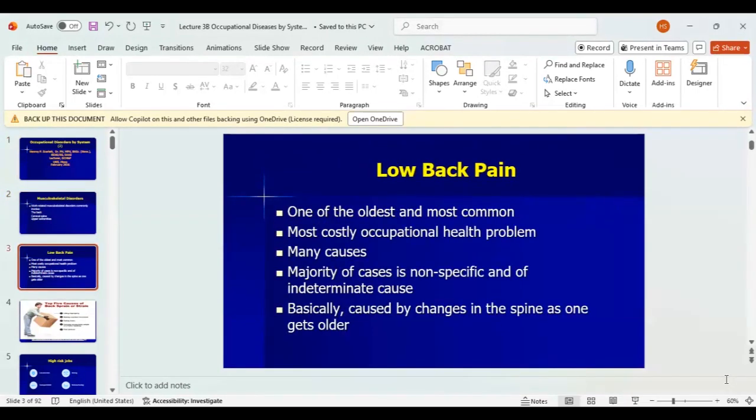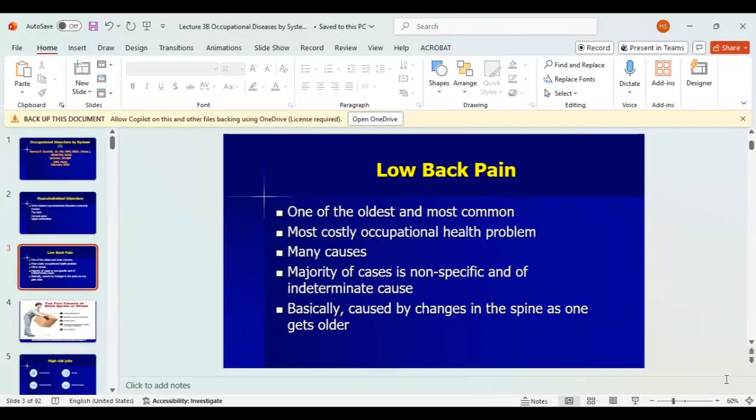Now, low back pain is one of the oldest and probably most common musculoskeletal disorders, and it's very costly. There are many causes. It tends to be chronic, right?